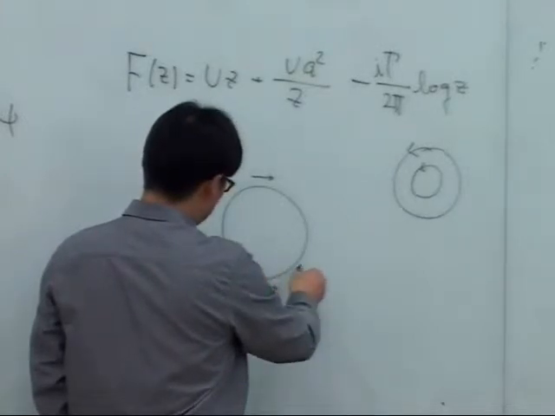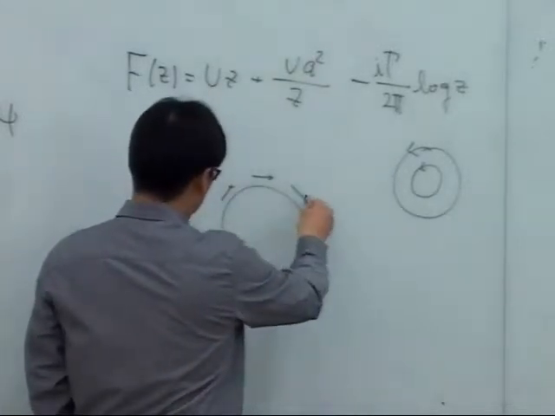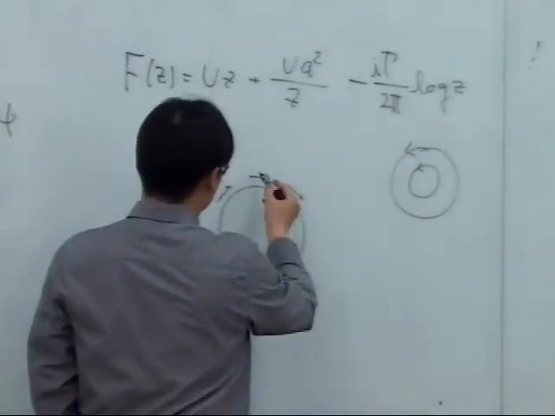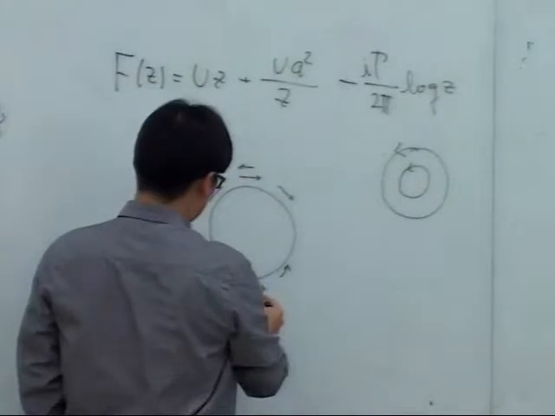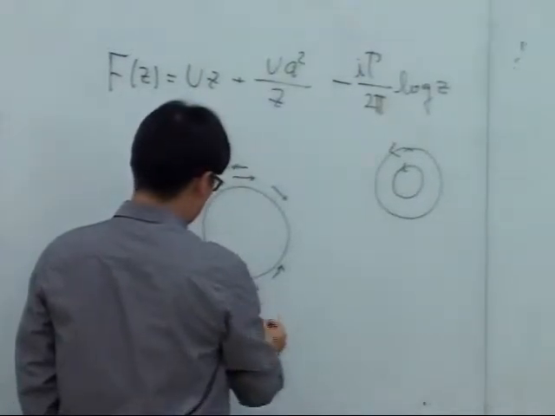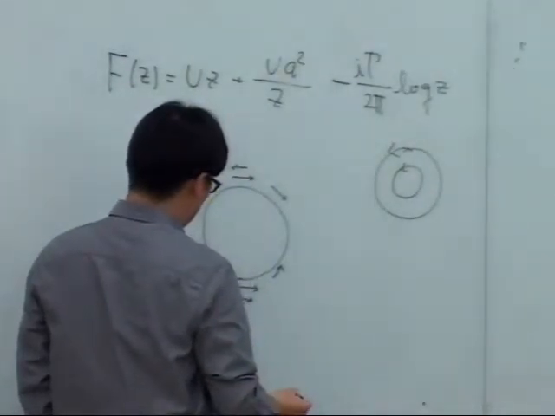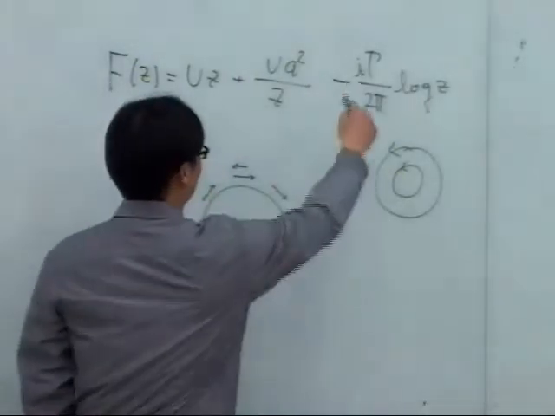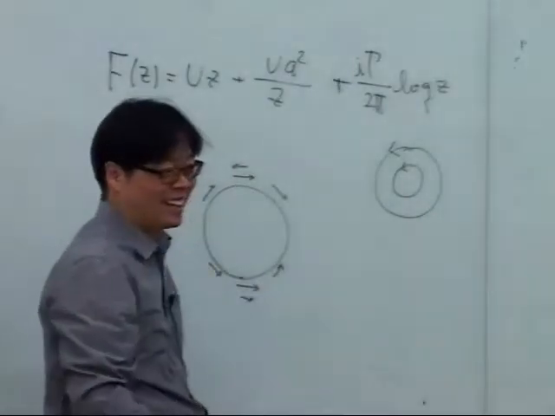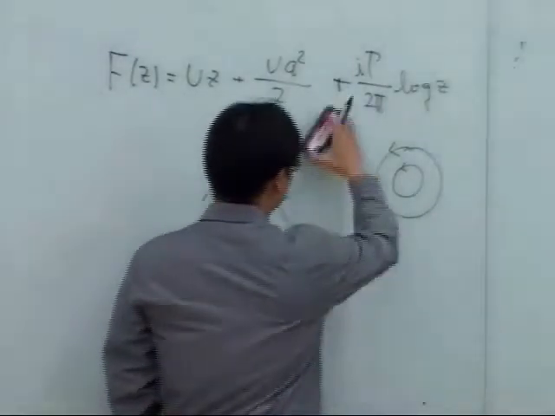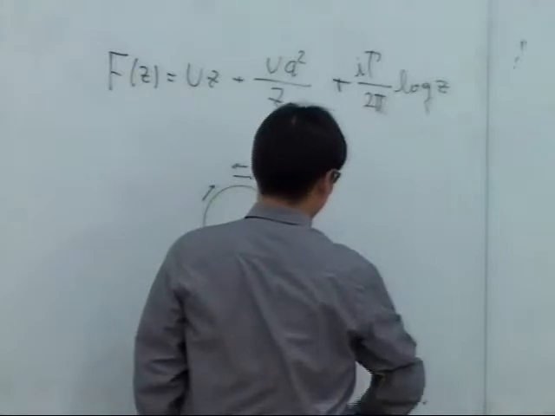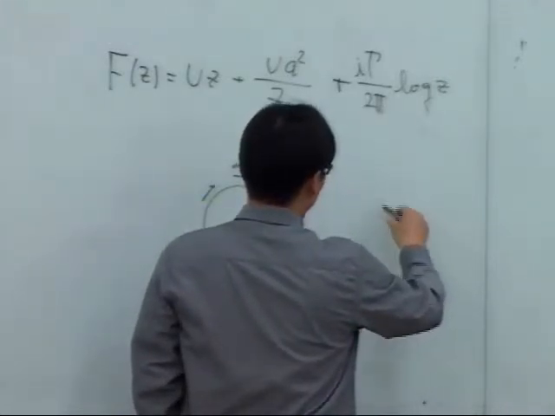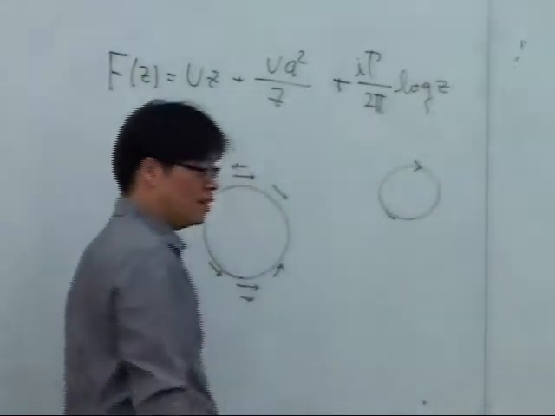If I have a counterclockwise direction, then I have flow like this, which I don't want. Let me change the sign. With a positive sign, I will have a clockwise flow.